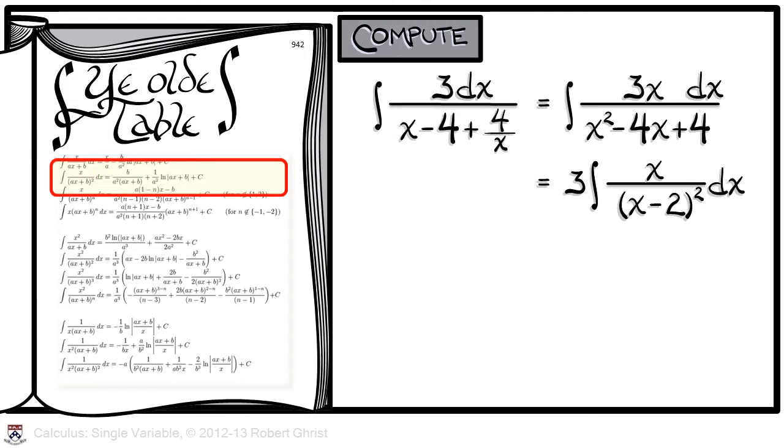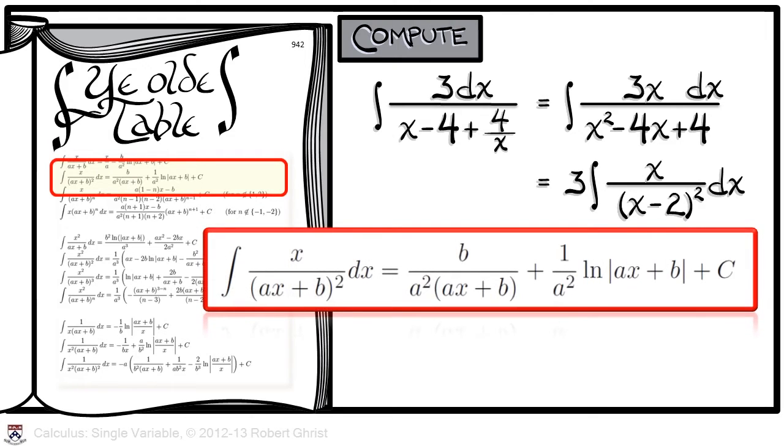Now that is something that does appear in our integral table. One has the integral of x over quantity ax plus b quantity squared, and the formula follows from that. Now, I'm sure that you could figure out how to do this with partial fractions, but let's use the table. In this case, what would one have?